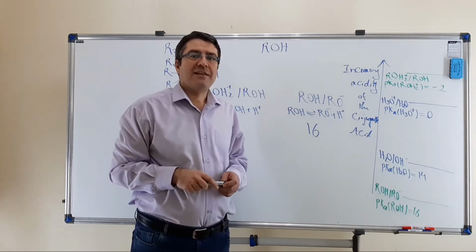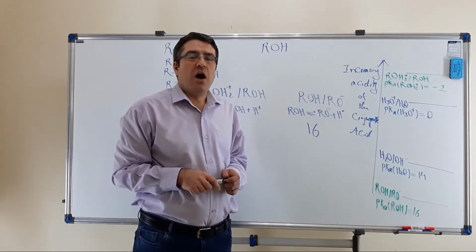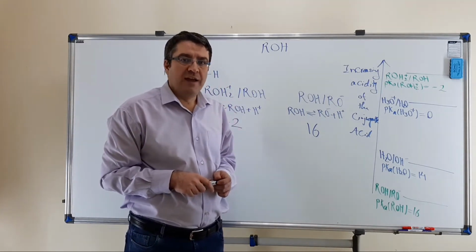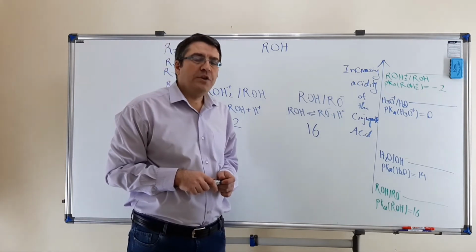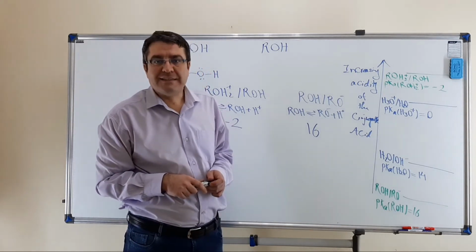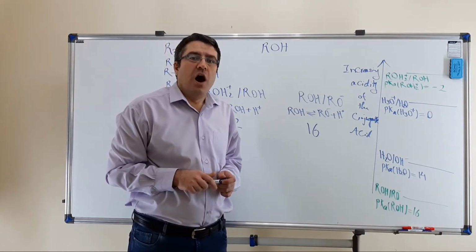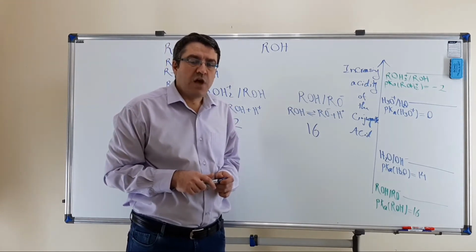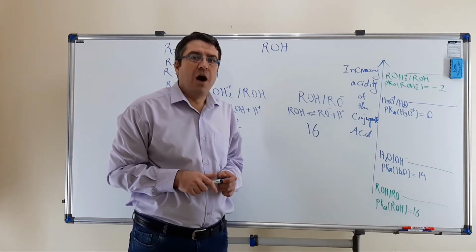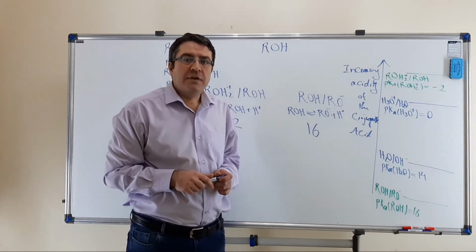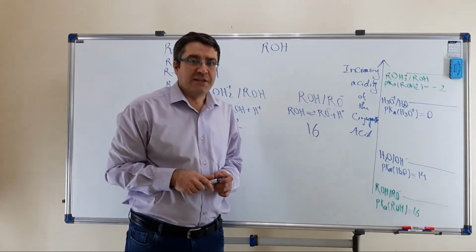So we see that by increase of acidity of the solvent from ammonia to water to acetic acid, behavior of alcohols as our solutes can change from acidic behavior to neutral to basic behavior.